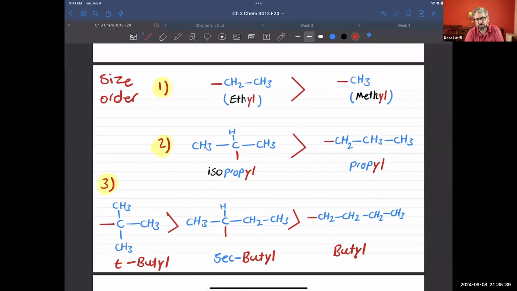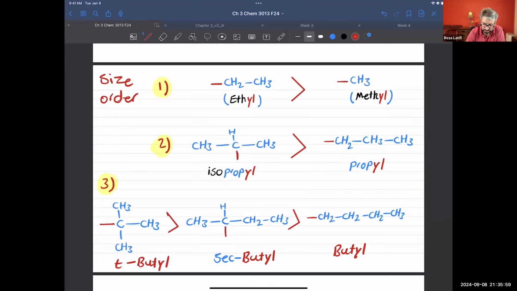Ethyl, of course, is going to be bigger than methyl because it has one more CH2, and that's going to make it closer to the hydrogen atoms. Now how about propyl? Propyl versus isopropyl.